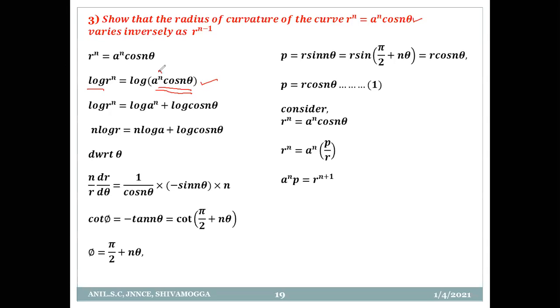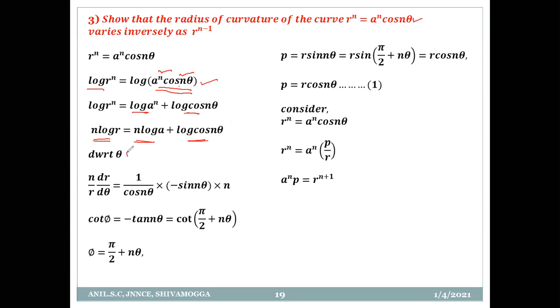Clearly this is of the form log mn, where this is m and this is n, that can be written as log m plus log n. That is log a^n plus log cos n theta. Log r^n takes the form log m^n, that can be written as n log r. For the same reason, log a^n can be written as n log a. So n log r = n log a plus log cos n theta.